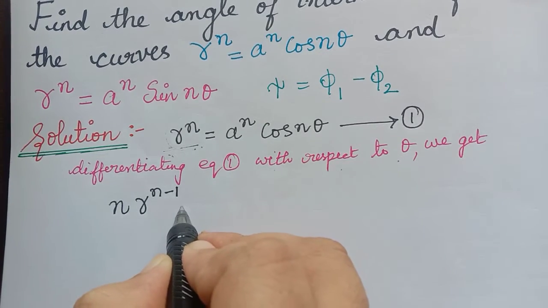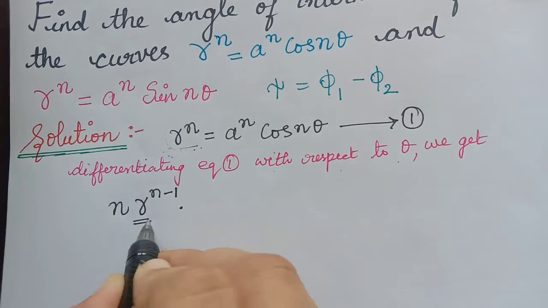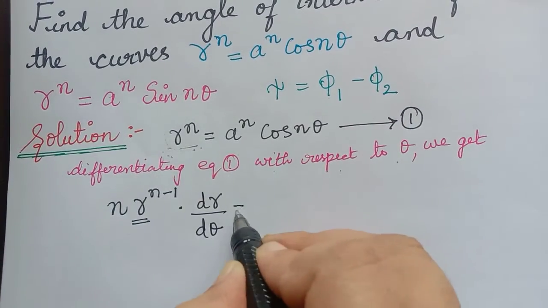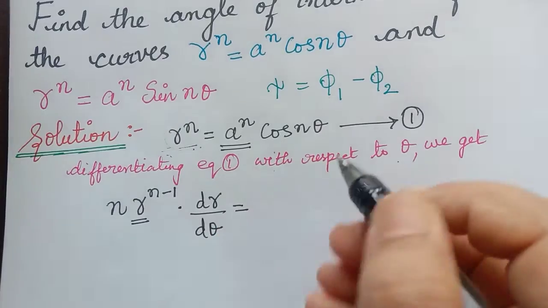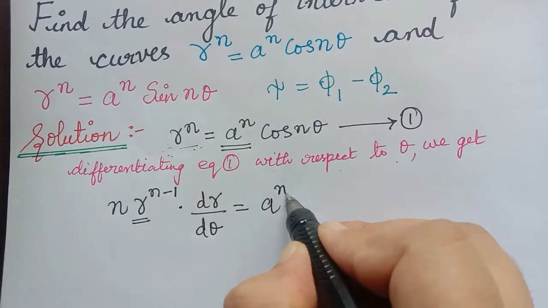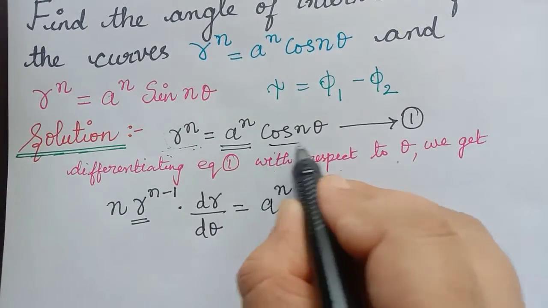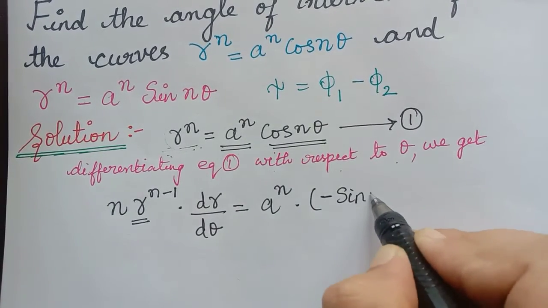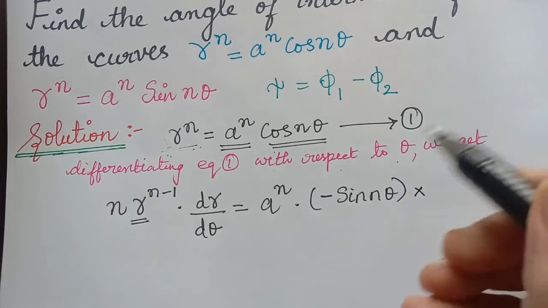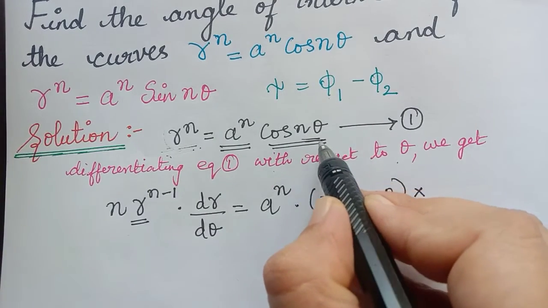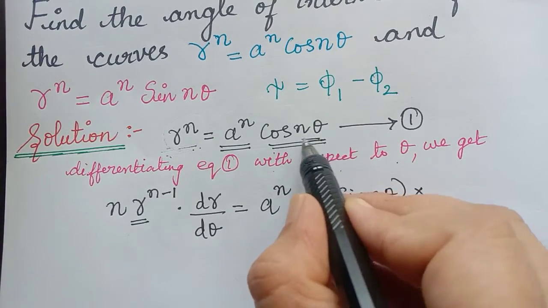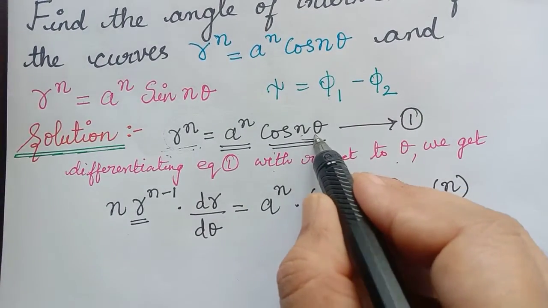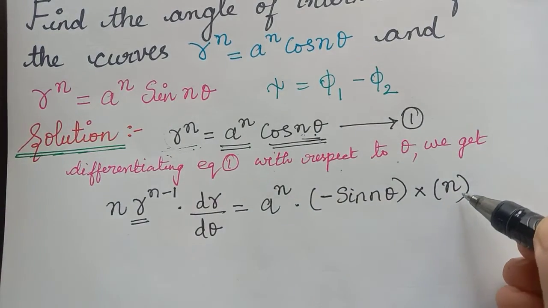And again we have to use the chain rule and differentiate r. So that will be dr/dθ. a^n is a constant, so it will be as it is, multiplied with the differentiation of cos nθ, which is minus sin nθ, multiplied with the differentiation of nθ. For θ the differentiation is 1, and so it has to be multiplied with n, because we have nθ here, n multiplied with 1, which is n.